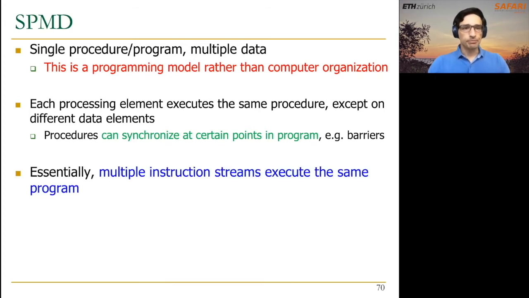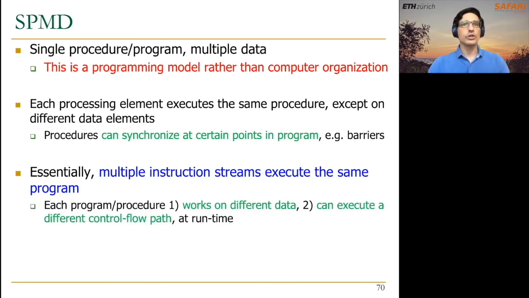So essentially, we have here multiple instruction streams executing the same program. Each program or each thread is working on different data, and they can even execute different control paths, right? In the same way that we can have these threads operating on different data and at some point synchronizing, they can also execute, for example, if-else statements, and maybe thread 0 goes to the if path while thread 1 goes through the else path.